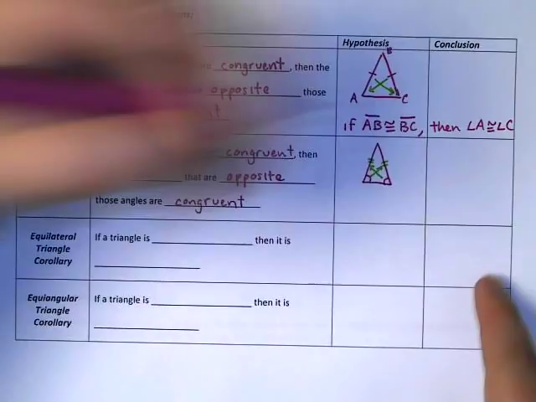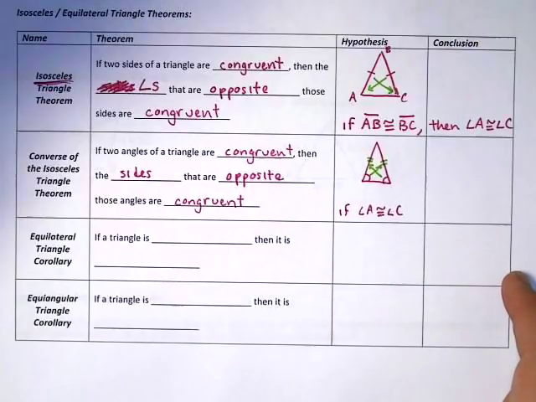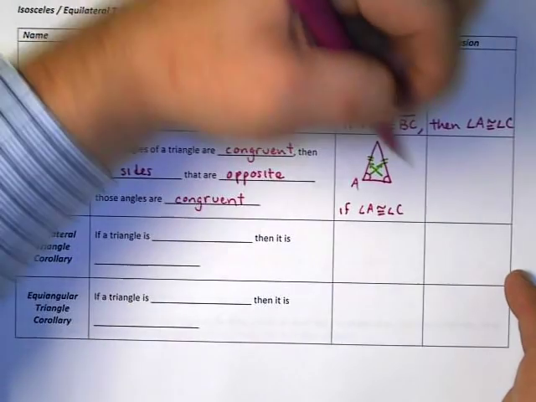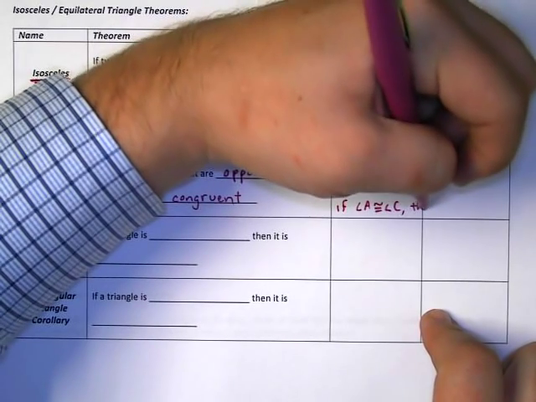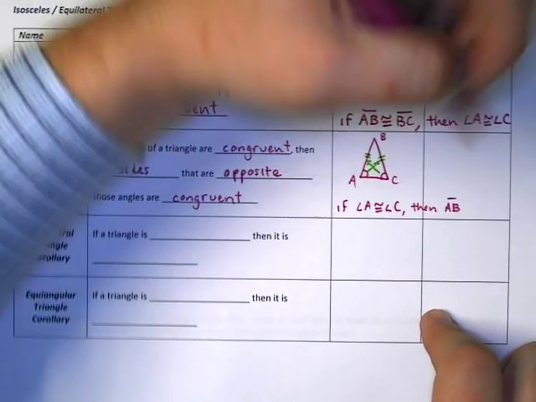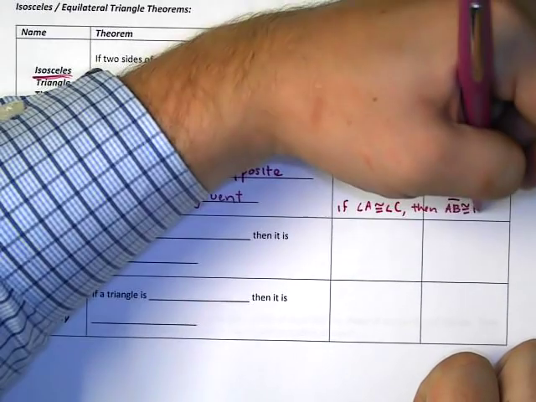Alright, so if angle A is congruent to angle C, oh, my bad, I didn't mark B and C. So if angle A was congruent to angle C, then AB is congruent to BC.